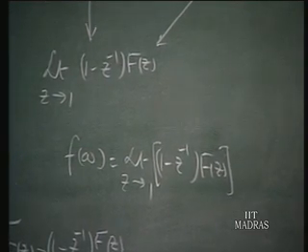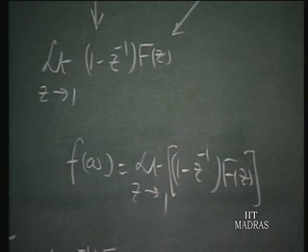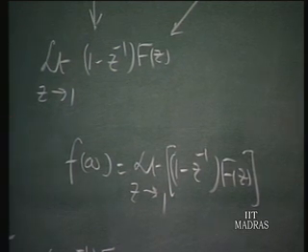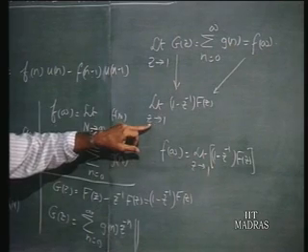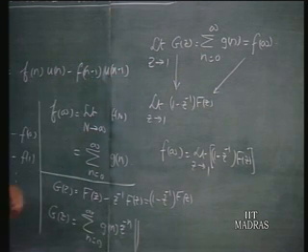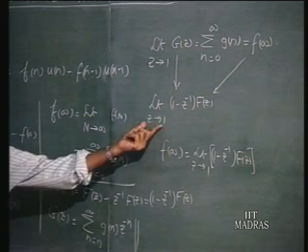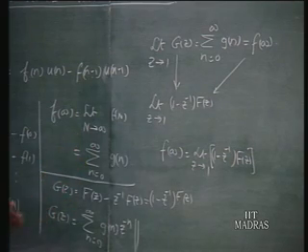Now, in getting at this result, we took the limit as z goes to 1. So this F(z), G(z), whatever we are talking about, should be valid for values of z within the region of convergence. That means z equals 1 must be within the region of convergence of the transform.